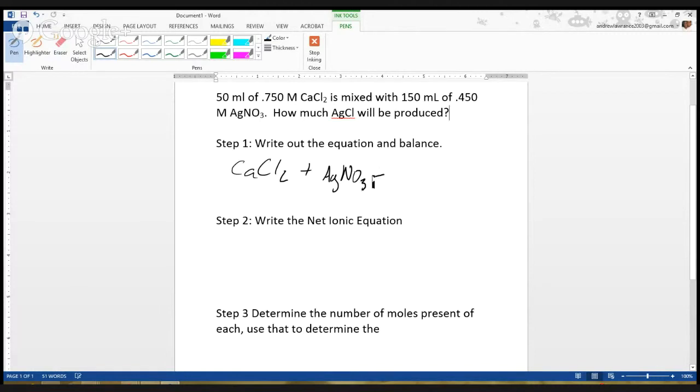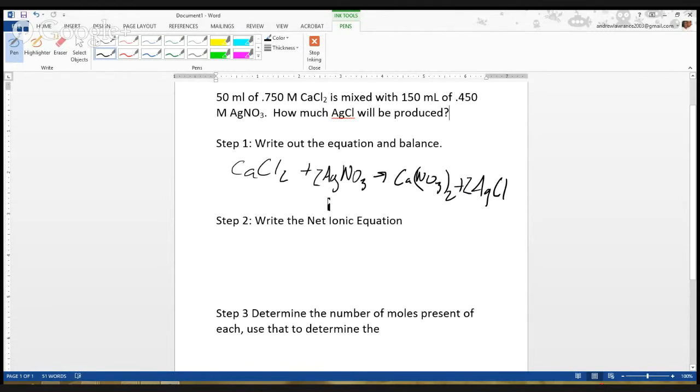CaCl2 plus AgNO3 yields Ca(NO3)2 plus AgCl. Now, of course, we need to balance this. So metals are good, but our chlorides are not. So I'm going to have to double this, which means I'm going to end up doubling my silver nitrate.